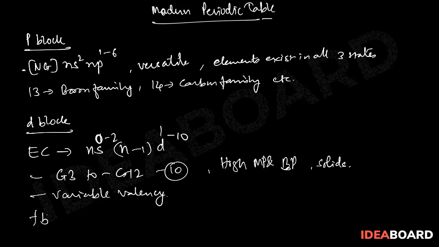Then we have F block. F block elements are also called rare earth metals, because they are very rare in the earth's crust.